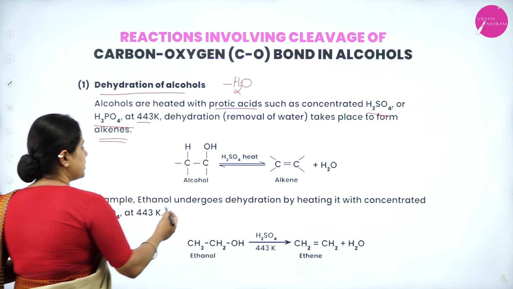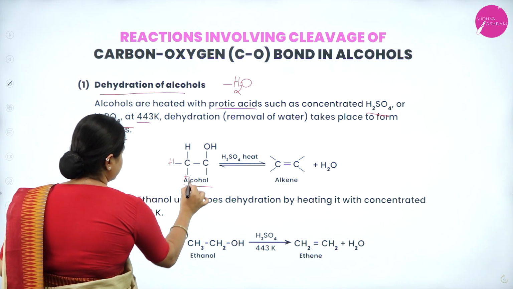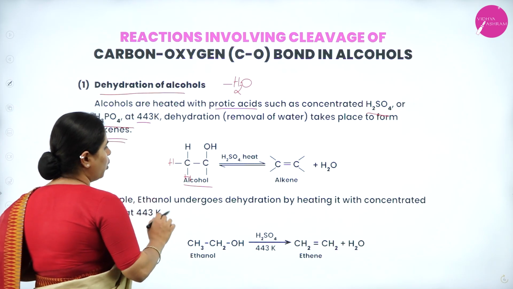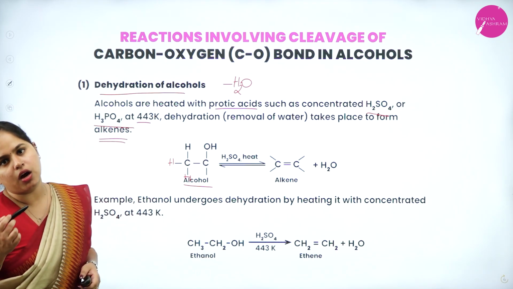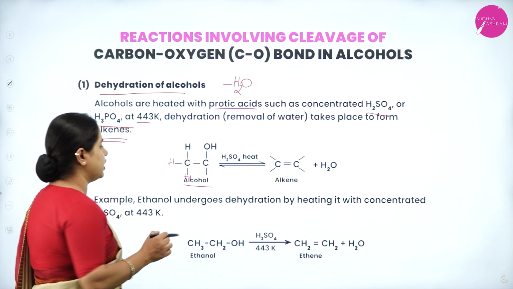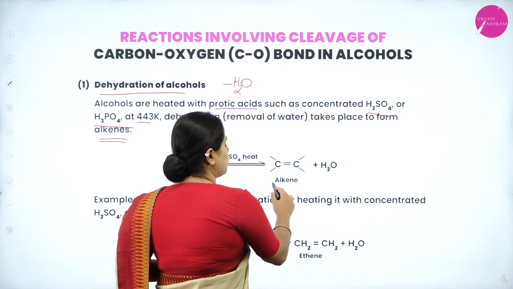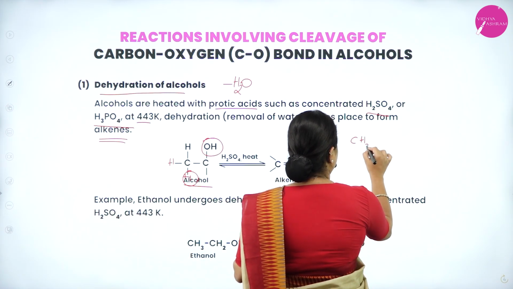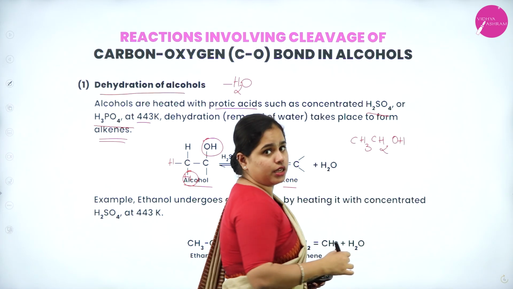As you can see, this is an alcohol which is shown here. I'll just mention hydrogen here. This is methanol, CH3OH, and what happens here? Hydrogen and the hydroxyl group will be removed, that is, one hydrogen and one OH will be removed, and in its place you will get an alkene. For example, let us take CH3CH2OH, which is ethanol.